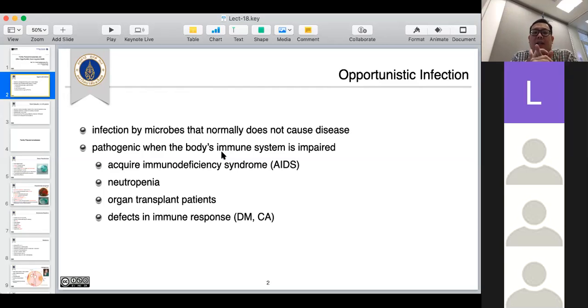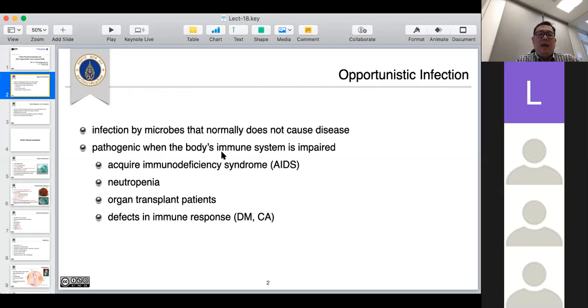Neutropenia. Neutropenia is the time when the neutrophils drop in your blood circulation, so the defense is weaker than normal. Or people who get organ transplantation, they probably need to be given immunosuppressors just in case you reject the graft, or graft rejection.